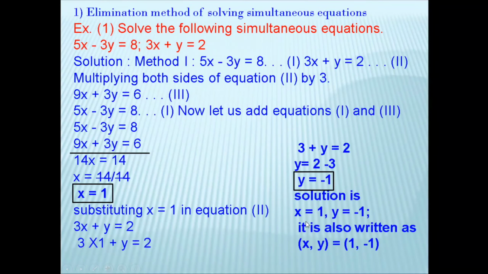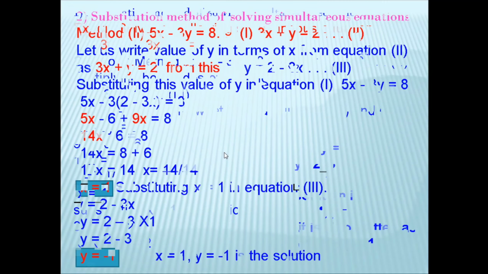Solution is x is equal to 1 and y is equal to minus 1. It is also written as x comma y is equal to 1 comma minus 1, and 1 represent the value of x and minus 1 represent the value of y. This method is known as the elimination method of solving simultaneous equation.